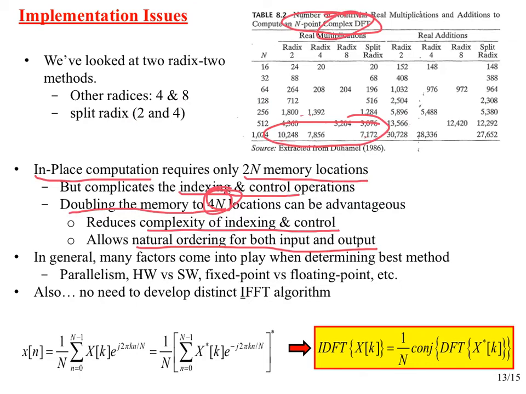And then figuring out, when you're actually implementing this with FPGAs or multiple DSP processors, how can you parallelize this? How do you do trade-offs between some hardware versus software? There's the whole fixed point versus floating point. A lot of stuff to take into account.